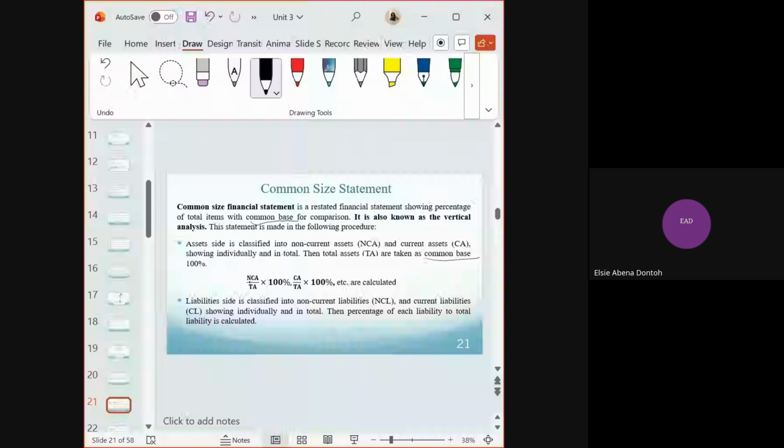So when you take any item from the non-current assets, you use the total assets as the common base, and then you multiply by 100% to get your figure. Then the liabilities side is classified into non-current liabilities and current liabilities, showing individually and in total, and the percentage of each liability is taken towards total liability.